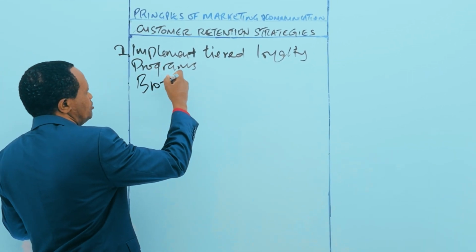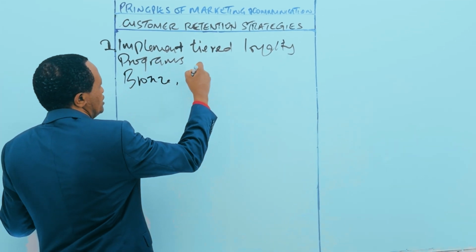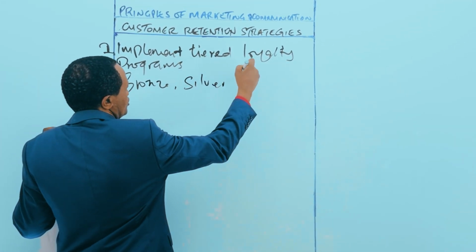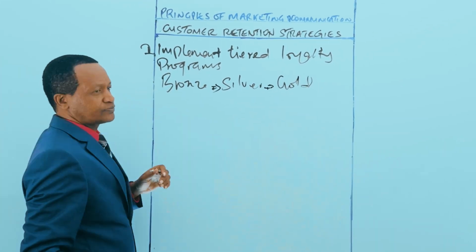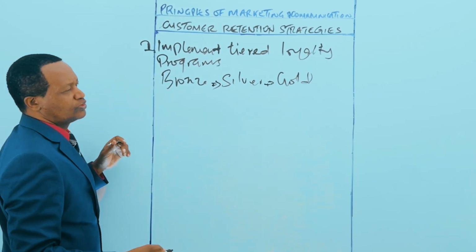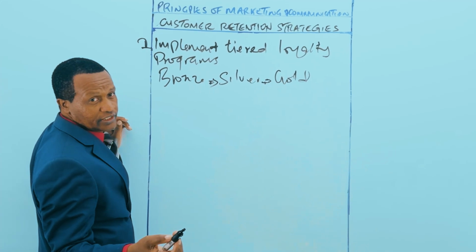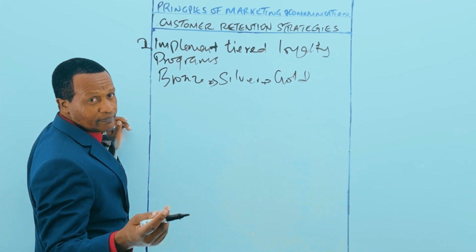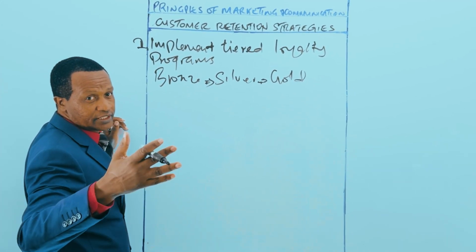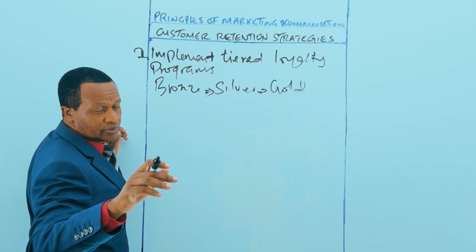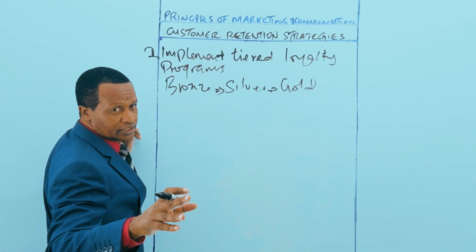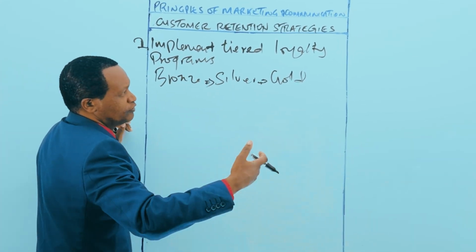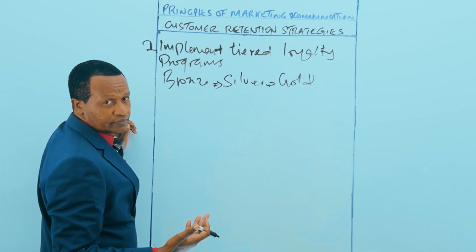You have these categories: bronze, silver, gold. A good example is Java House, which uses a points-based system where frequent customers earn points that can be redeemed for free meals in future.